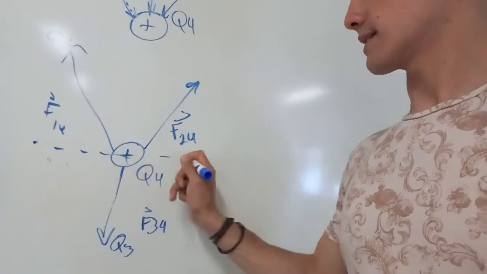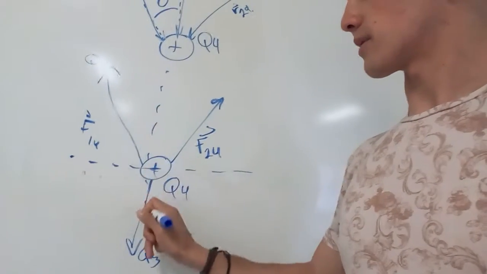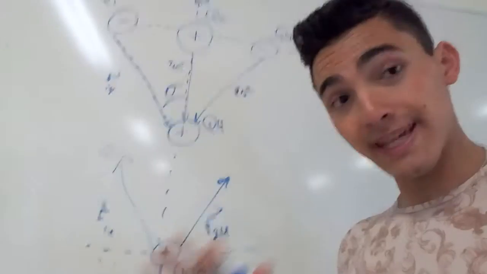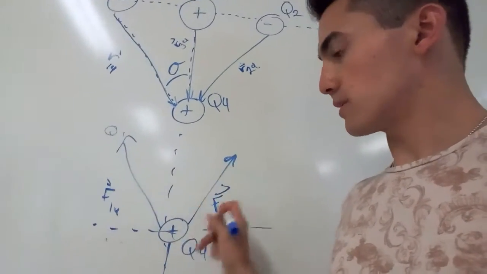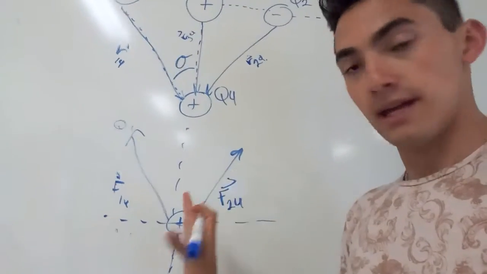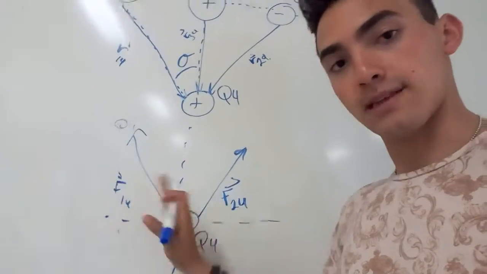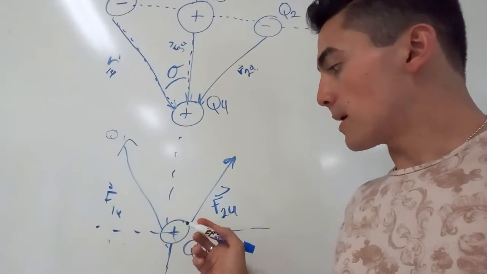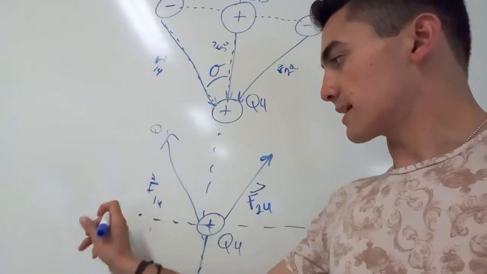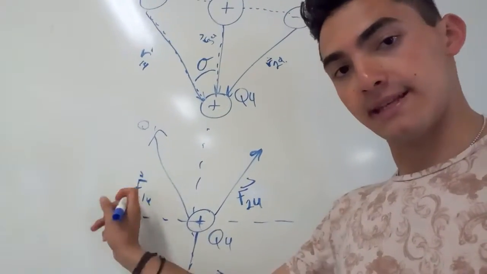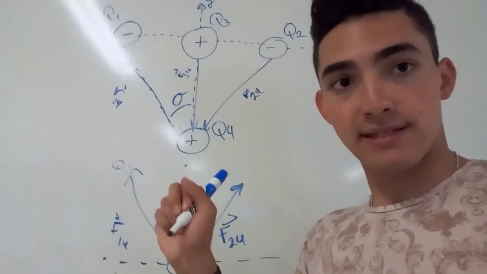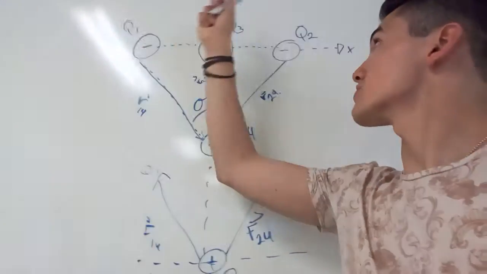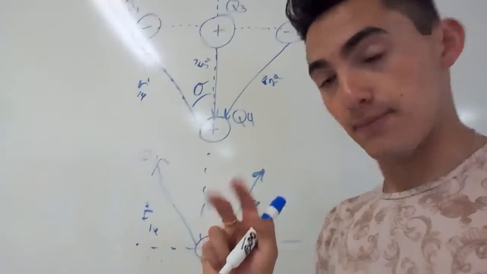Here we have our x and our y. As we can see here, we have this one and this one. We will have to divide it into the x and the y force. But if we look at the x force that creates here and the other x force that creates here, we can notice that the charge 1 and the charge 2 are exactly the same.